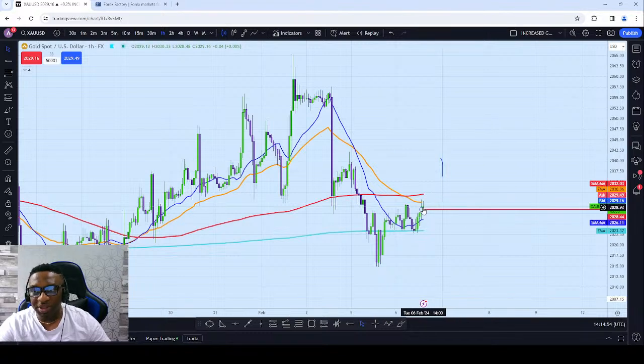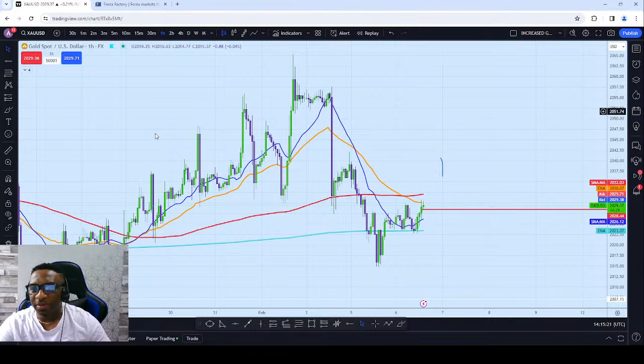If the upward trend continues, then it's going to be a very nice area to still get a nice move. Now price is above the moving average, so what we look out for is to buy from here.